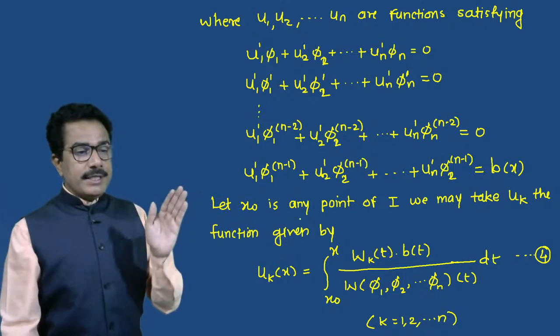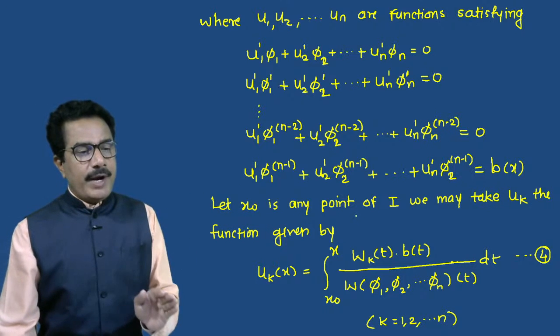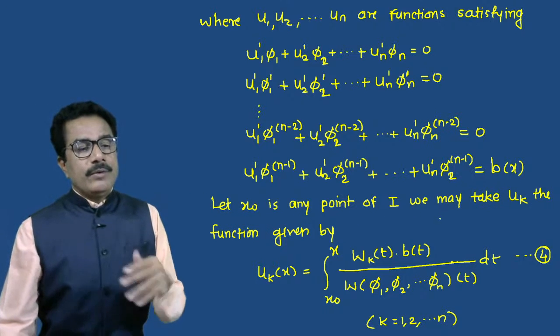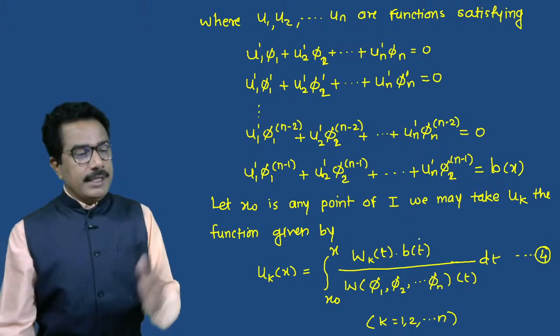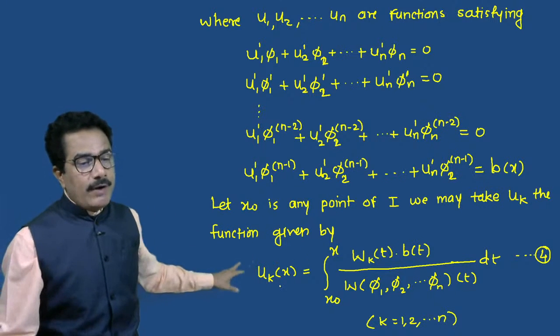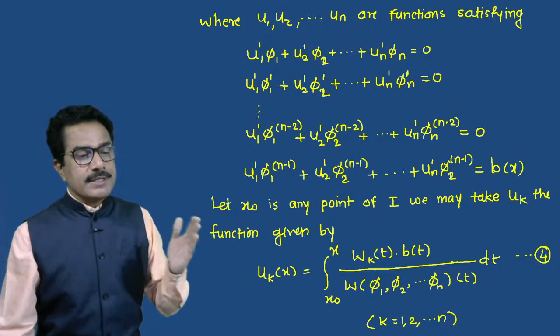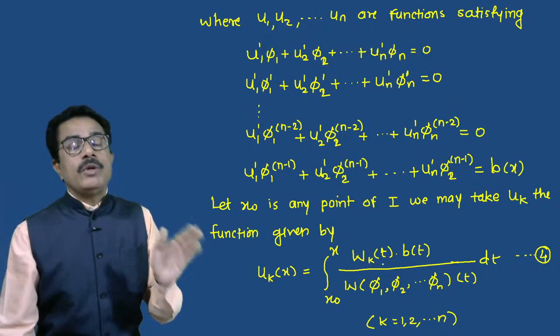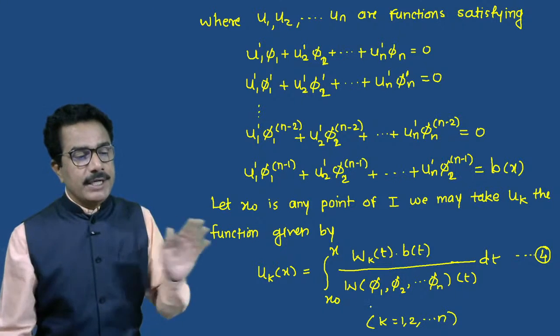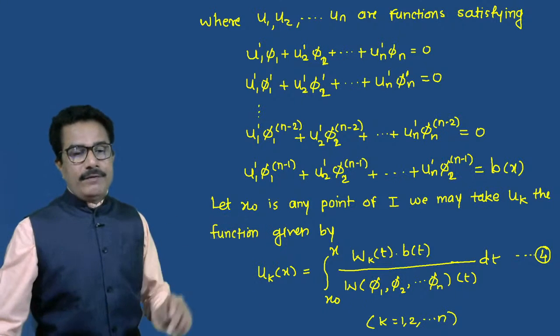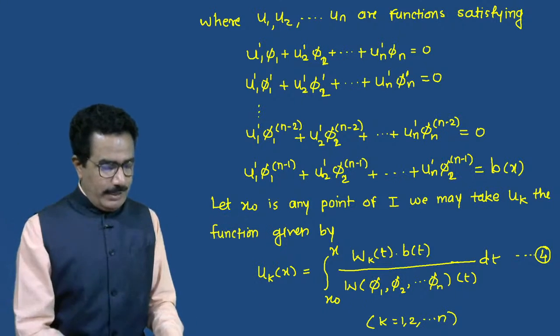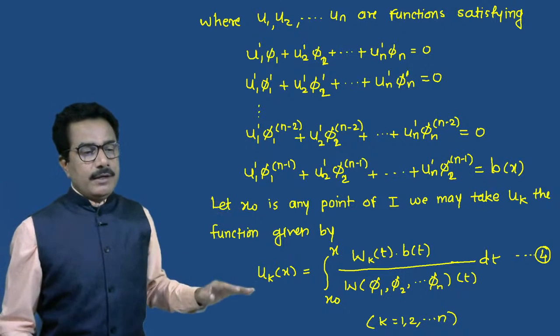Let x naught be any initial point of I. We may take uk, the function given by uk of x, equal to the integral from x naught to x of Wk of t times b of t divided by the Wronskian of phi 1, phi 2, and so on.